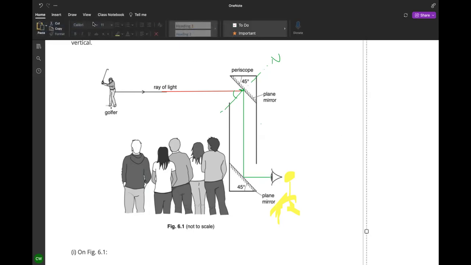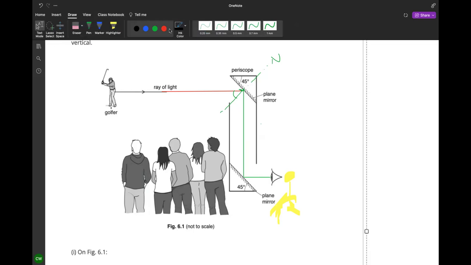Okay, so the ray will be moving to this point and then reflected by the mirror, normal. There is another normal line here. This one will be going in at 45, reflected at 45, come here at 45, entering also at 45.